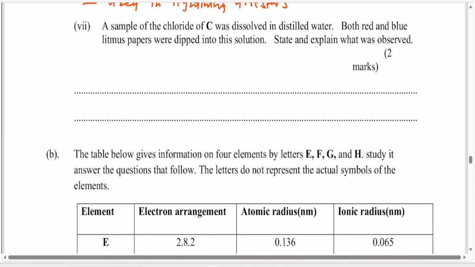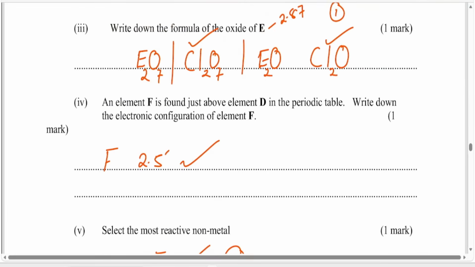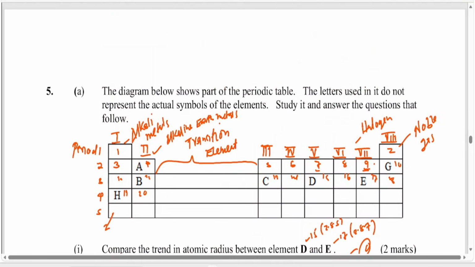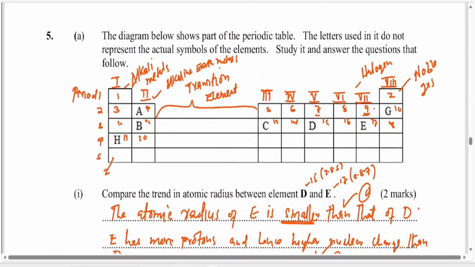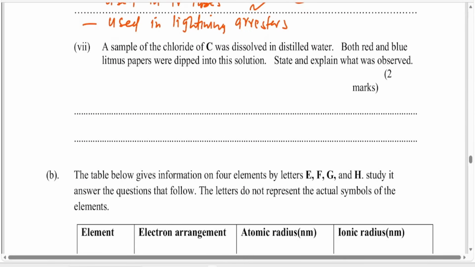A sample of chloride of C was dissolved in distilled water. Both red and blue litmus papers were dipped into the solution. State and explain the observation made. The chloride of C. C is position number 13. C is aluminium. So aluminium chloride is dissolved in water, and both the red and blue litmus papers are dipped into this solution.